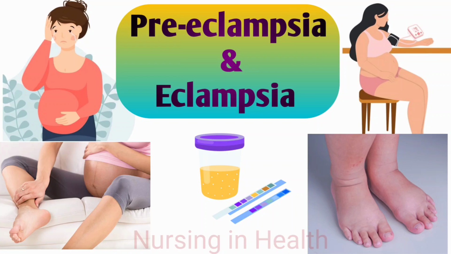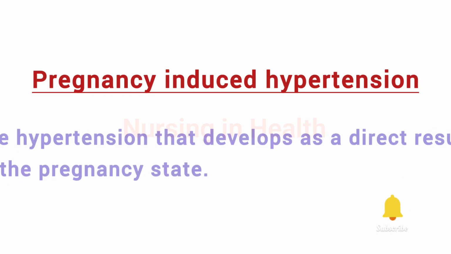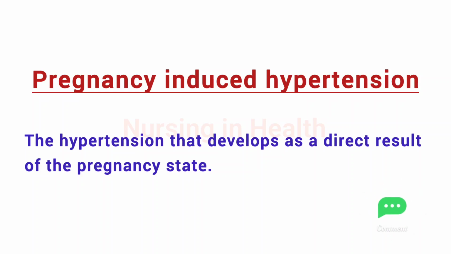Today I will discuss hypertensive disorder in pregnancy. It is also known as PIH or pregnancy induced hypertension. It means the hypertension that develops as a direct result of pregnancy state.